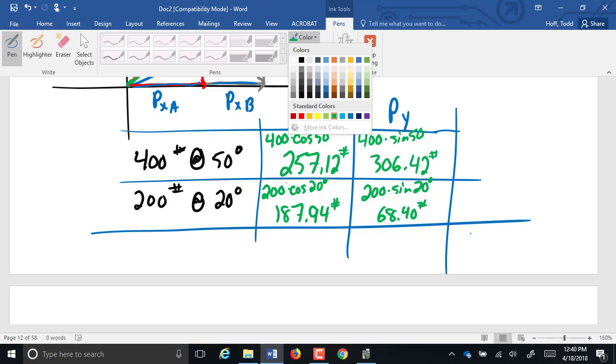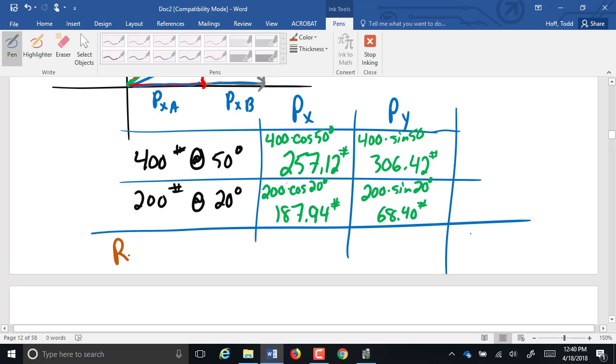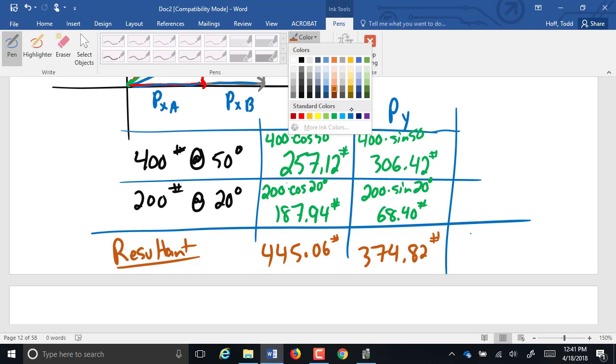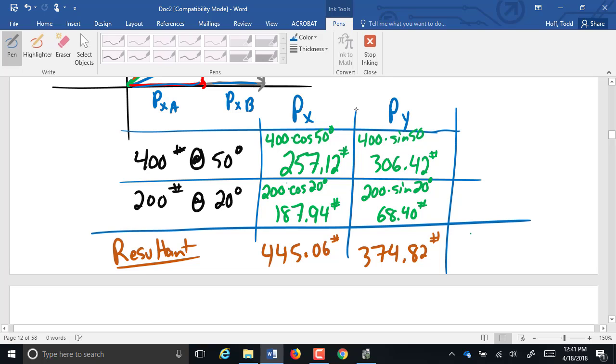So then the resultant can be found by simply adding the components. 257.12 plus 187.94 is 445.06 pounds. 306.42 plus 68.40 is 374.82 pounds. And then we have to recombine them to constitute the vector.